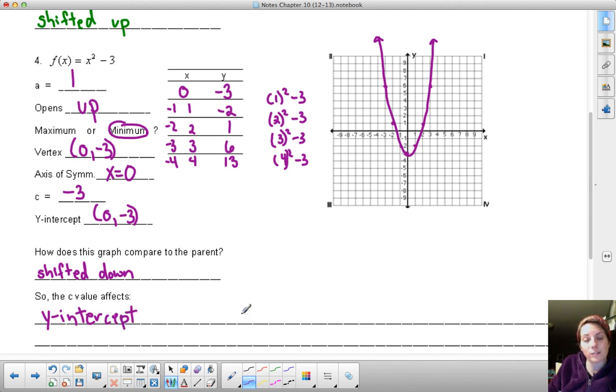Changing that y-intercept so that it's no longer (0, 0) can also be called a shift or a vertical shift, shift up, or shift down.